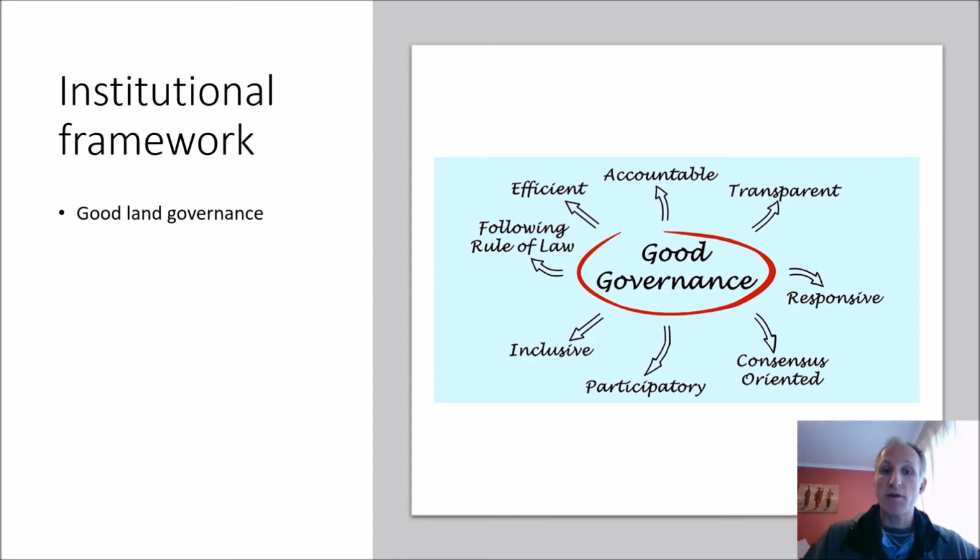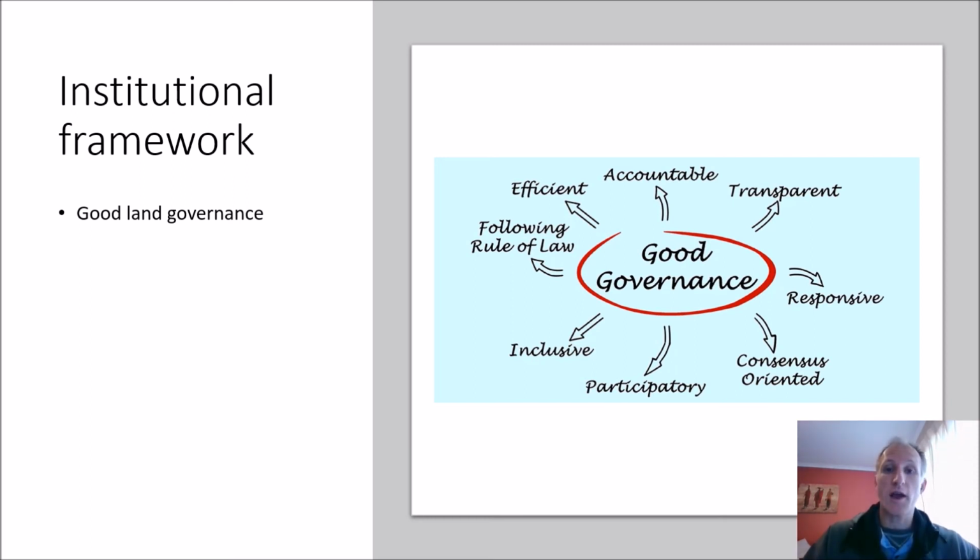Land governance may be described as good when it follows certain principles, for example, efficiency, effectiveness, endurance, transparency, accountability, equity, participation, security, integrity, and the rule of law. As we've seen in the governance videos, these principles are only acknowledged as good in certain cultures.